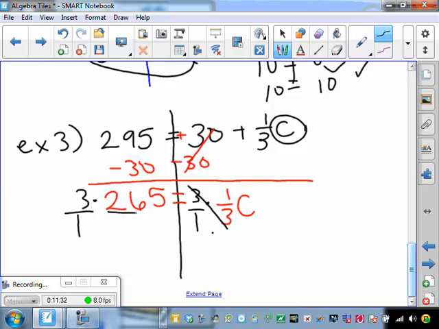And if we're multiplying fractions, we put that over 1, multiply across the top, and then across the bottom. 1 times 1 is 1. 3 times 265 is 795. 795 divided by 1 is just 795 equals, what do we have left over here?